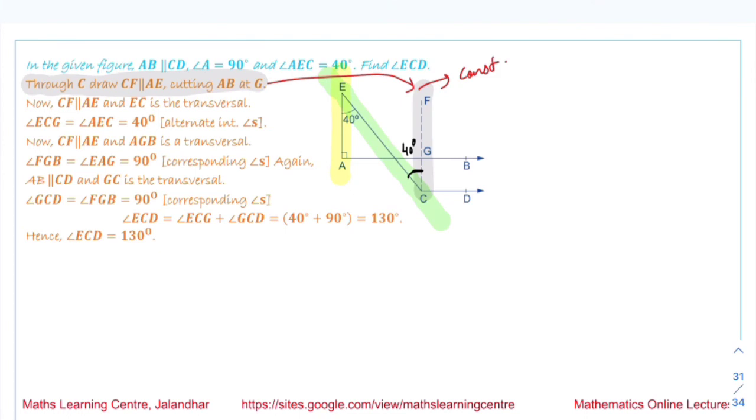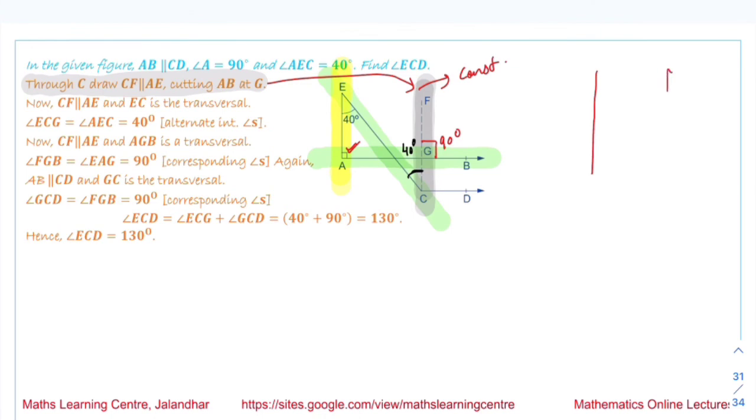Now next, for the same two lines AE and FGC, we are now considering the transversal as AGB. Now if this angle is 90 degrees, then this angle is also 90 degrees.